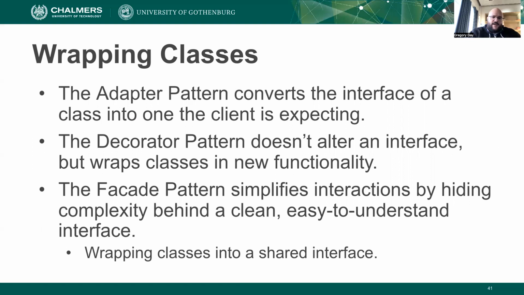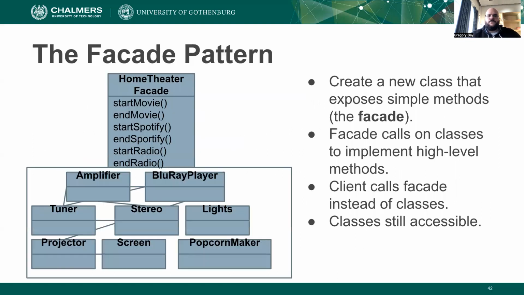The point of this pattern is to wrap a set of classes into one shared interface. So what we want to do is create a new class, our home theater facade, and it's just going to enable and expose a few simple methods. Things like start movie or start Spotify, end movie, end Spotify.